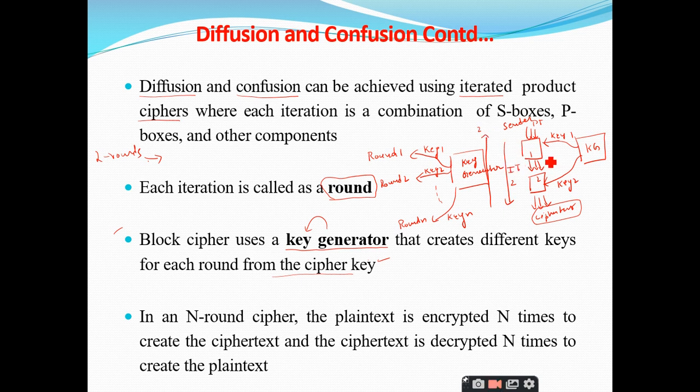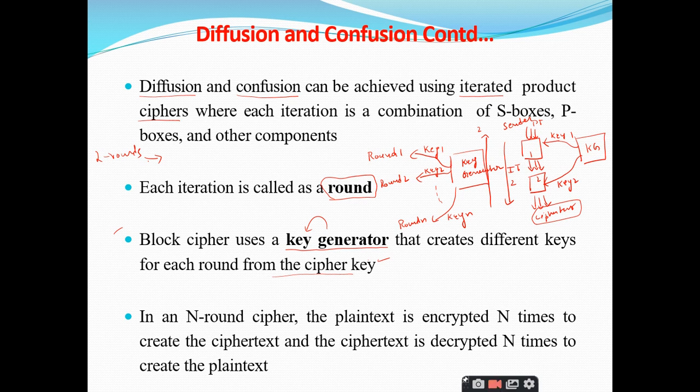So you have 2 rounds of encryption and 2 rounds of decryption. Similarly, if I take 10 boxes or 10 blocks, 10 rounds, how many encryptions and how many decryptions do we have? 10 encryptions and 10 decryptions.